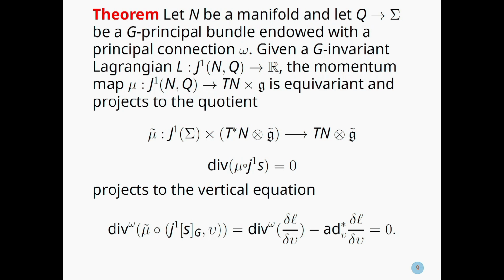So that Noether conservation law projects to what I said before, the divergence of this vector field with respect to a connection. You need a connection to compute the divergence of a vector field. This one takes values here, a vector field taking values in a vector bundle. So you need a connection for these objects, right?